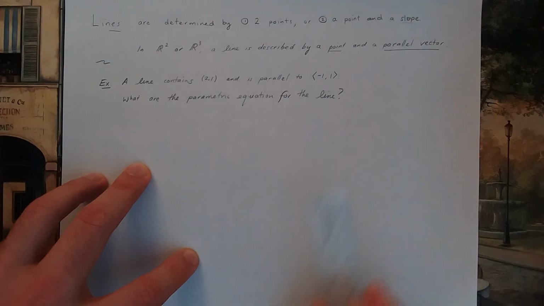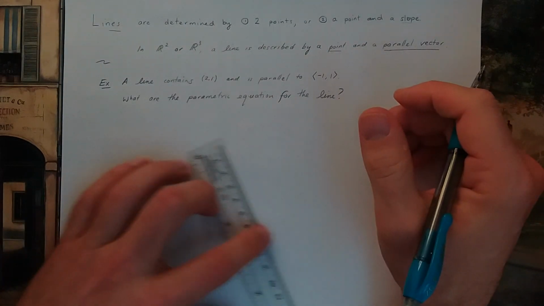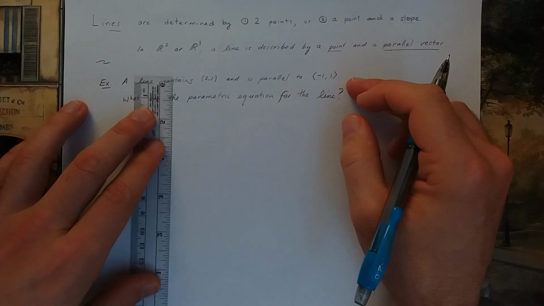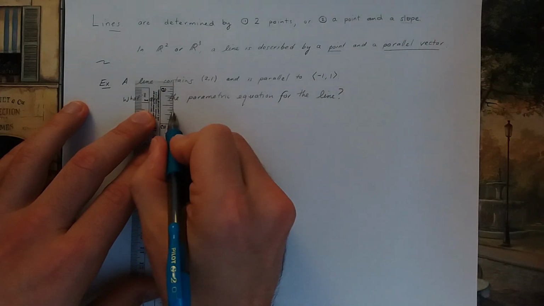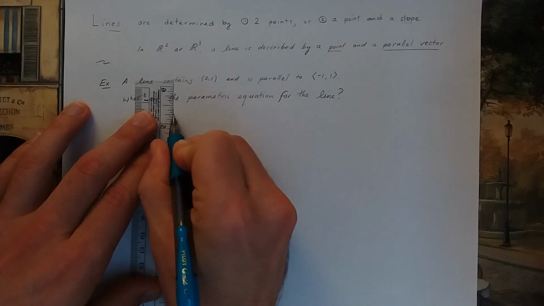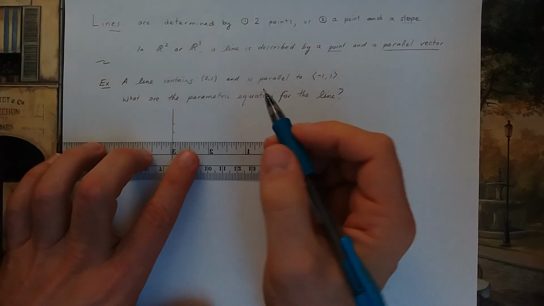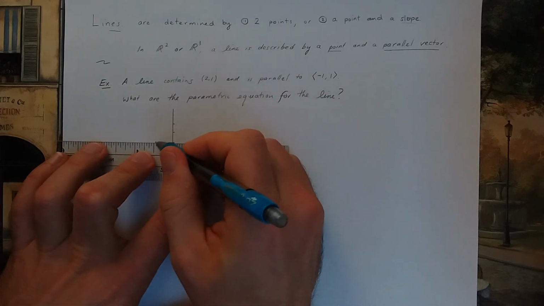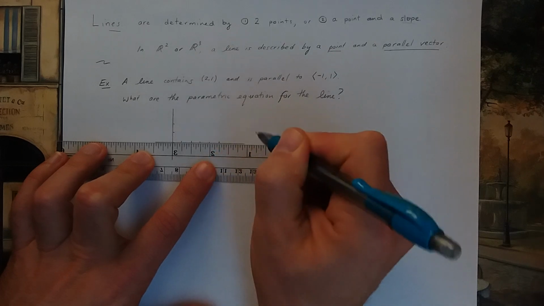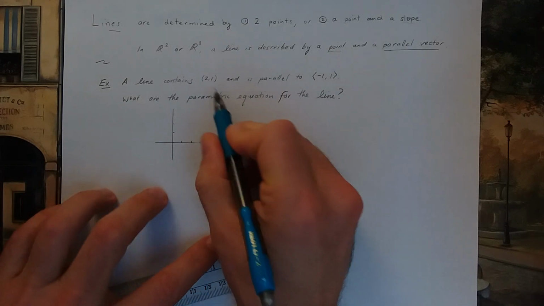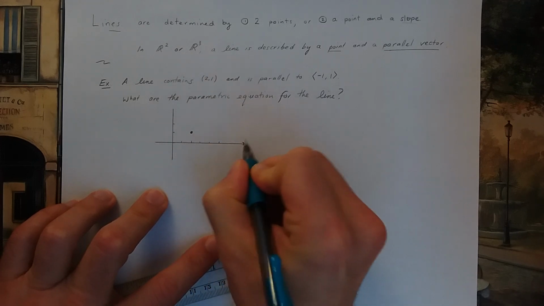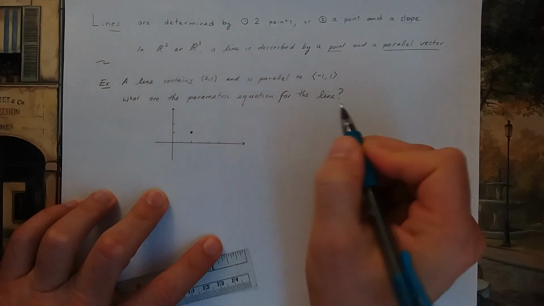Okay, watch what I'm about to do. First, I'll draw the line in question. So here is the line. So the point 2, 1 is on the line. So there's the point 2, 1.